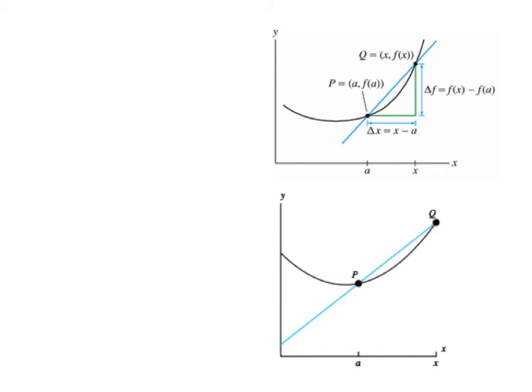Our goal is to create a tangent line with 2 points. So our delta x, the difference x minus a, we're taking to 0, and our delta f is also going to be approaching 0.